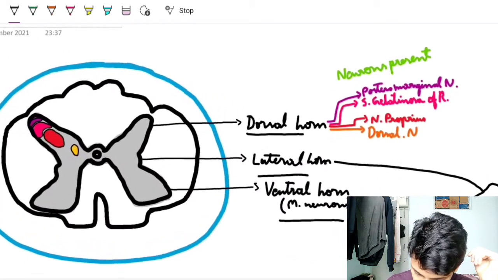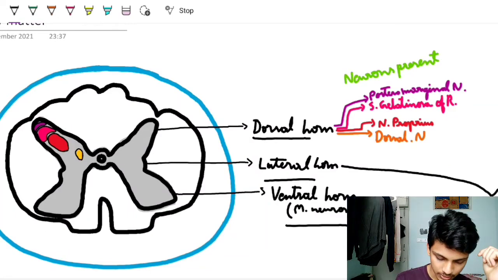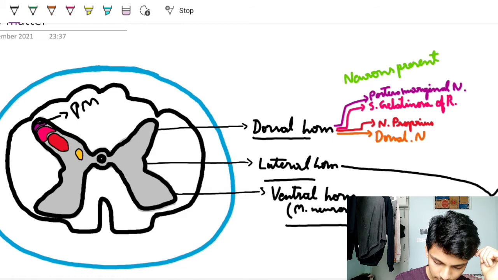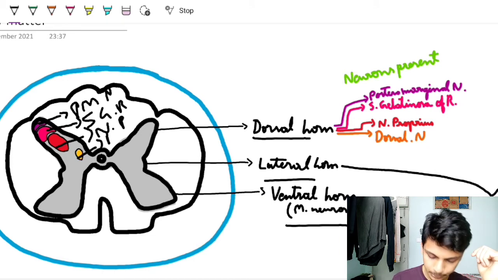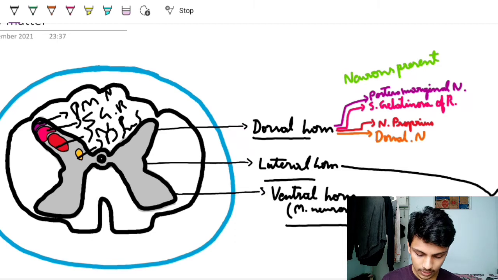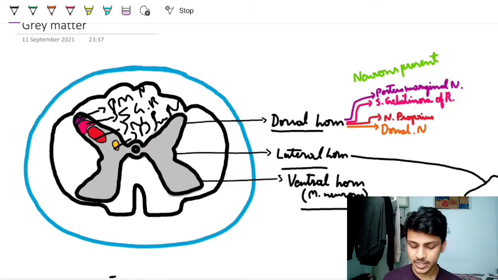That is the posteromarginal nucleus, which is this one, and this is the substantia gelatinosa of Rolando. This is the nucleus proprius, and this is the dorsal nucleus. Those are present in the dorsal horn. We'll be studying them in detail soon.